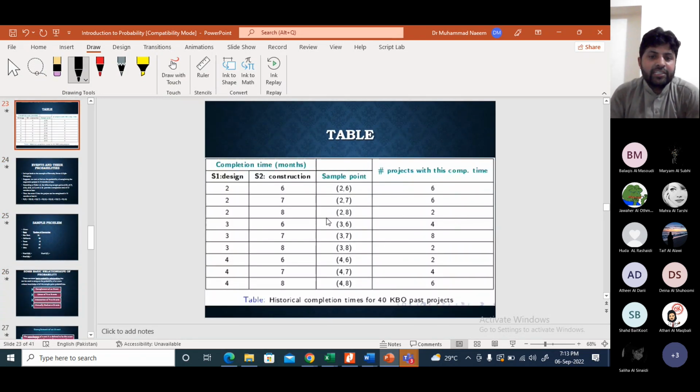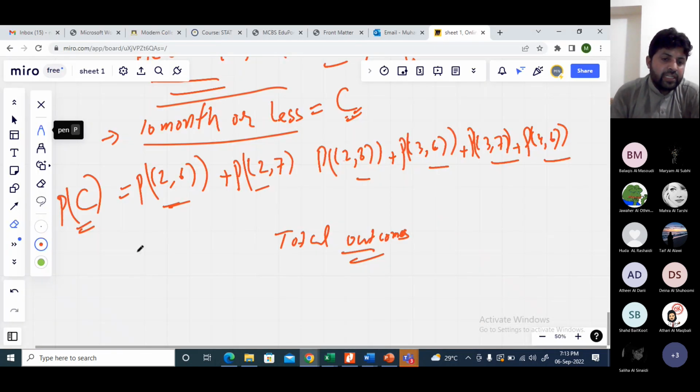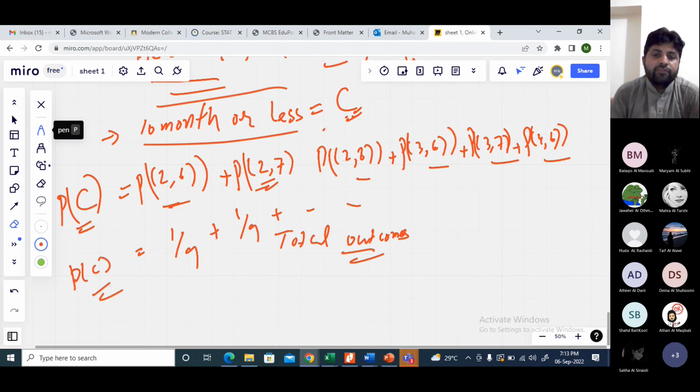In this situation, how many experimental outcomes, sorry, sample points are here? 1, 2, 3, 4, 5, 6, 7, 8, 9. So these are 9 sample points. When you are calculating the probability of this one, it is 1 out of 9. Because 2, 6 is only one event out of 9, plus 2, 7 is one event out of 9, and so on. In that case, you can calculate the probability of this event.